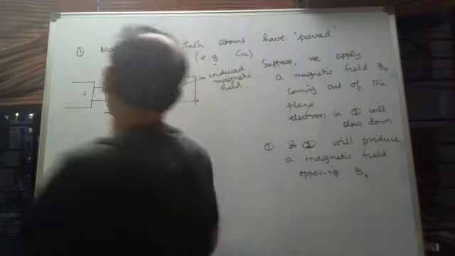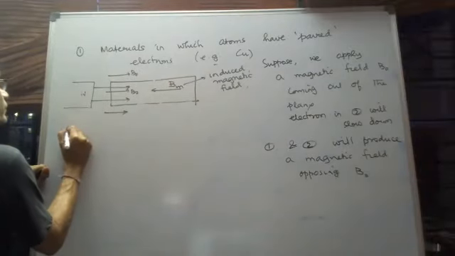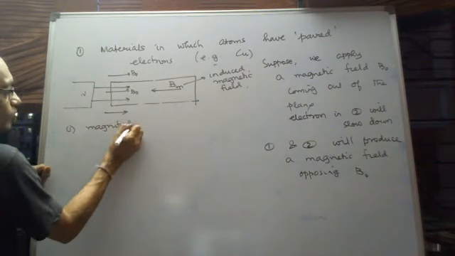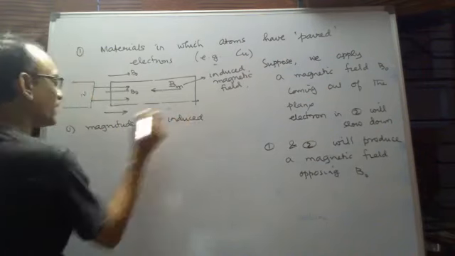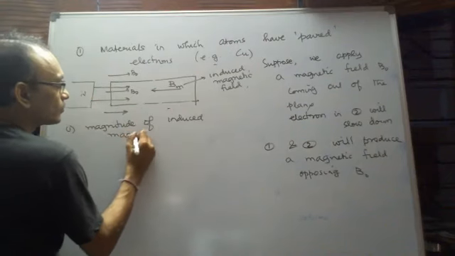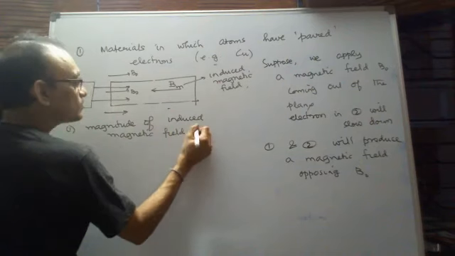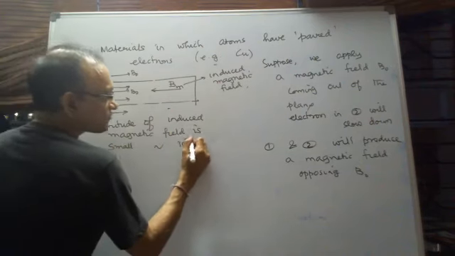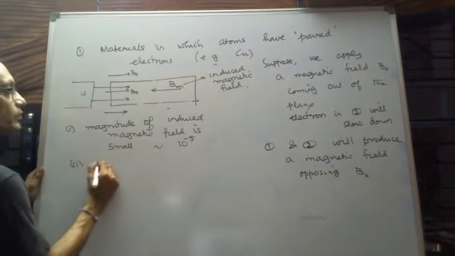So two things will happen. One, magnitude of Bm will be small. Induced magnetic field is small, of the order of 10 to power minus 5 SI units.